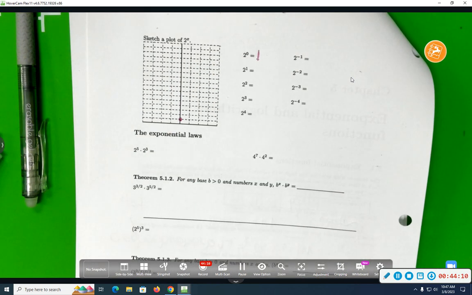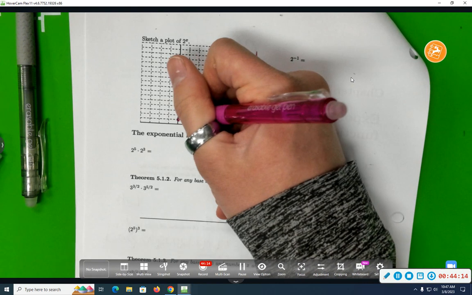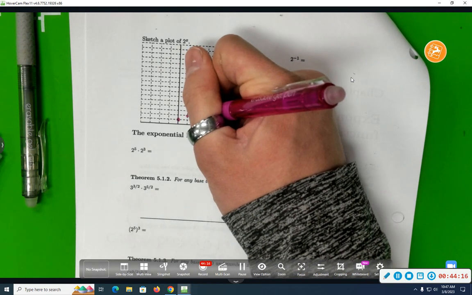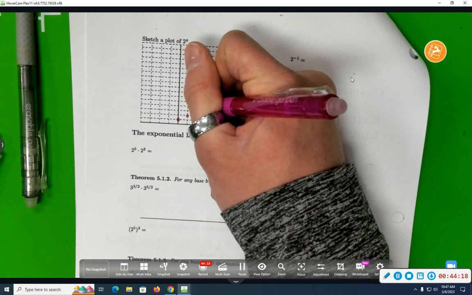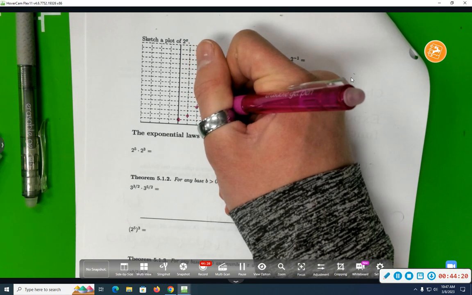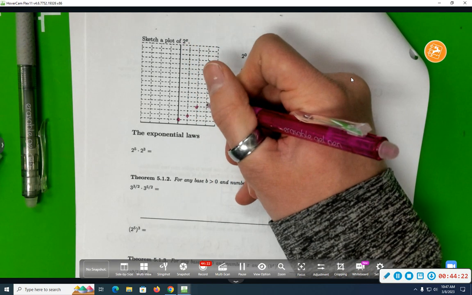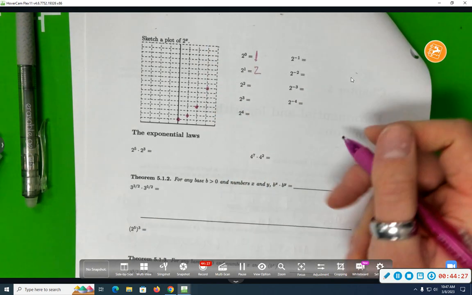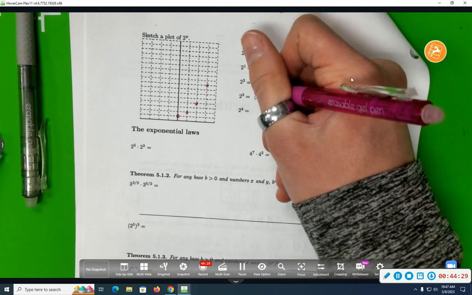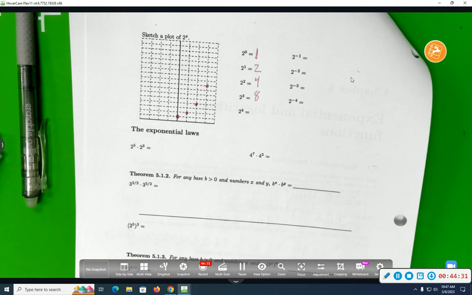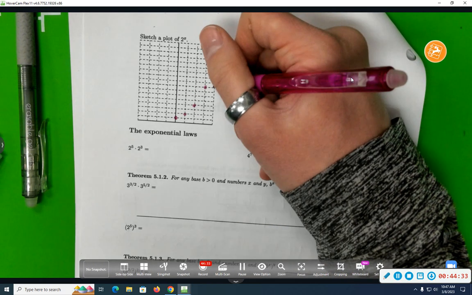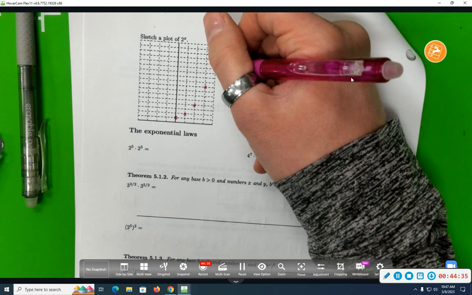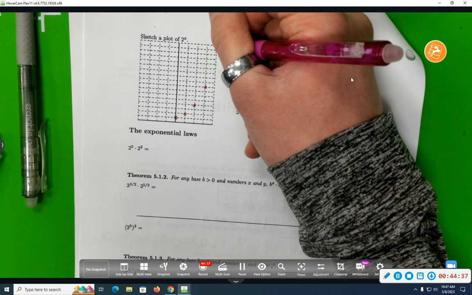What's 2 to the power 1? 2. What's 2 to the power 2? What's 2 to the power 3? 4, 8. What's 2 to the power 4? 16.